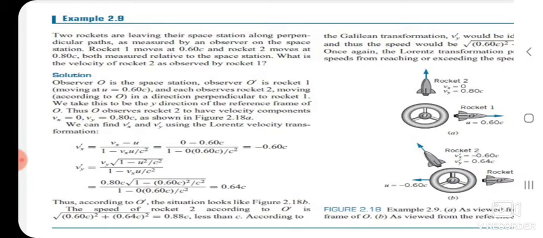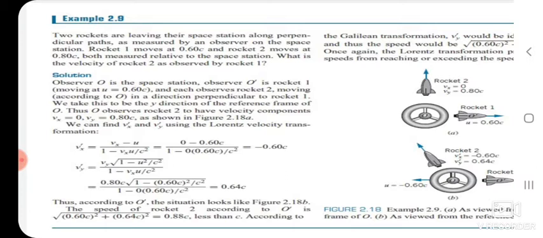For that, we have to use a velocity addition formula by using Lorentz transformation equation, as we discussed in the previous slide. Observer O is the space station. Observer O prime is rocket 1 moving with 0.6 c.